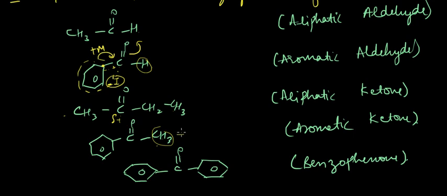So obviously this is having a plus I effect on this carbon atom. Okay, and in this case from both the sides we are having plus M effects. And not to mention that this will also have a plus H effect. Similarly both would be having plus H effects, which would be more considered, and the plus I effects would be seen, but first the plus H effect would be seen.